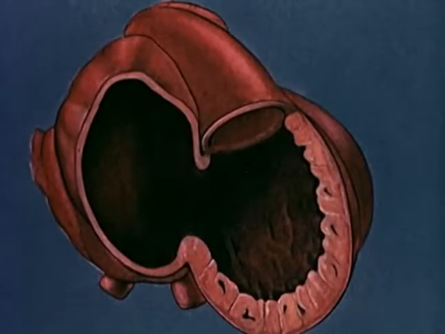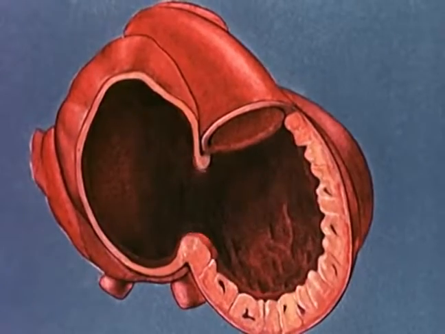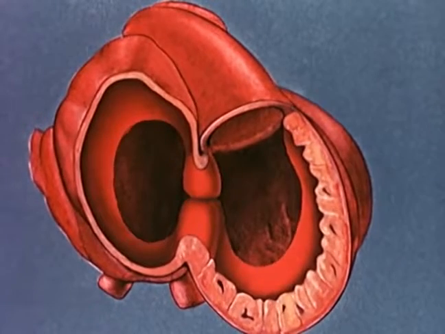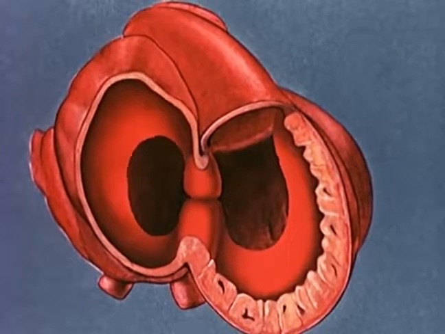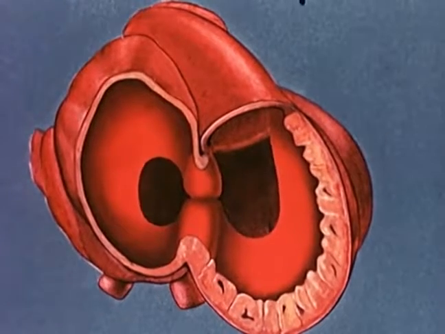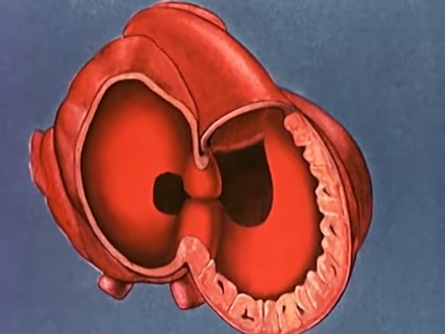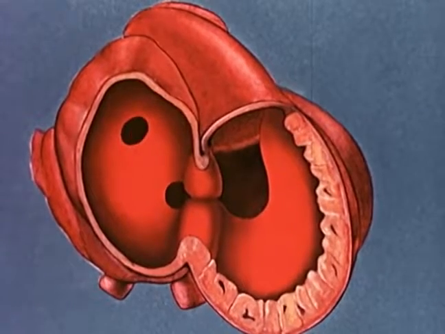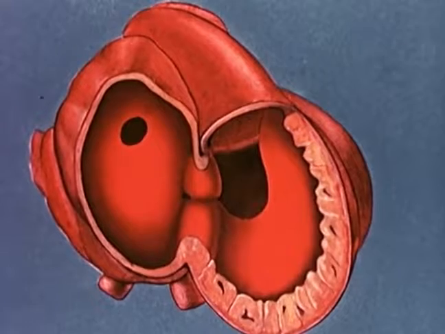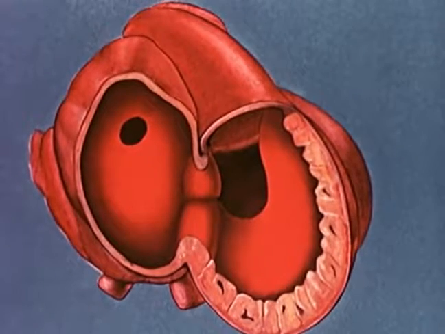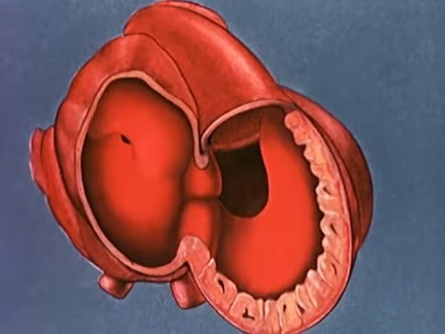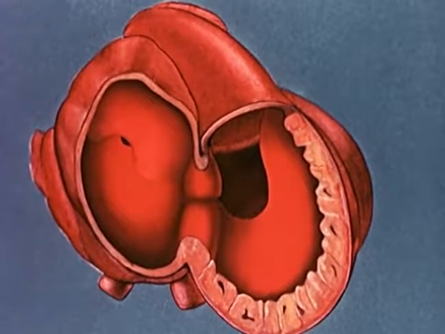To recapitulate, the common atrioventricular canal is partitioned by the simultaneous proliferation of the endocardial cushions, the muscular interventricular septum, and the interatrial septum. The septum secundum produces the foramen ovale, with the septum primum acting as a membranous valve.